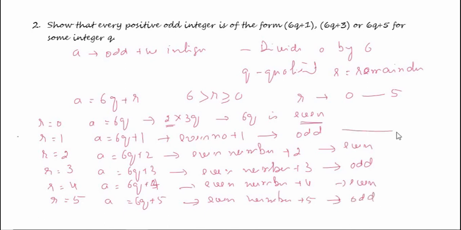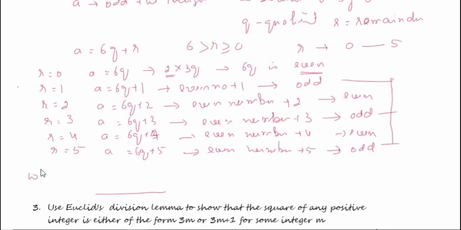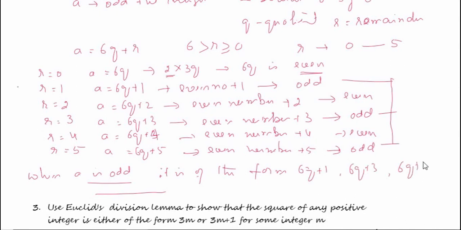So these three numbers, that is 6q plus 1, 6q plus 3 and 6q plus 5, all three are odd. Therefore, when a is odd, it is of the form 6q plus 1 or 6q plus 3 or 6q plus 5.